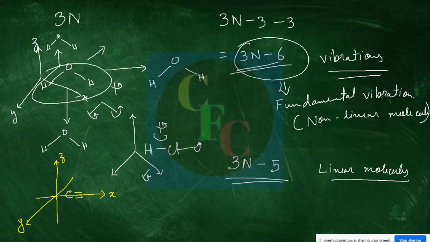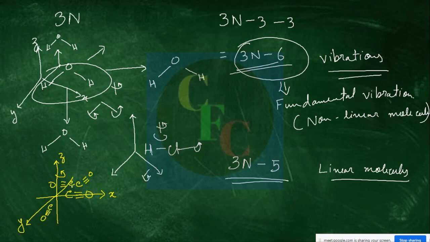Suppose I have this carbon monoxide along the x-axis. Now, suppose I am rotating it along this axis. If I rotate it 90 degrees, then after rotation it will be like this. If I rotate 180 degrees, it will be like this. If I rotate it 270 degrees, it will be like this.